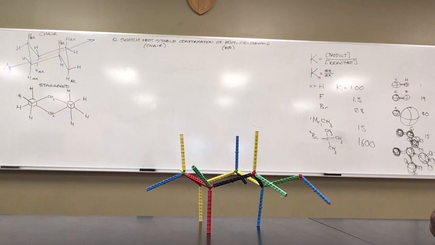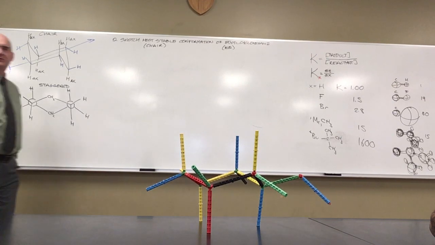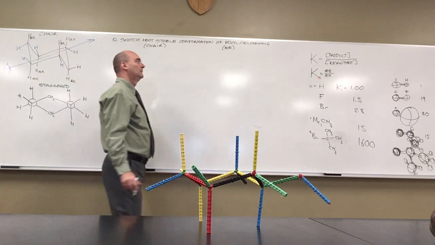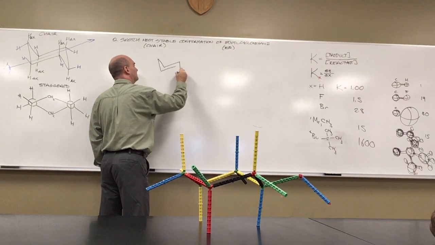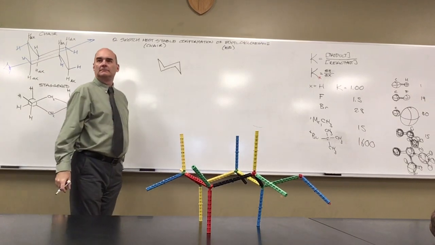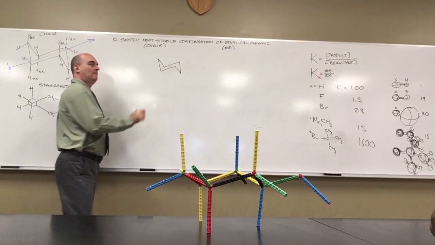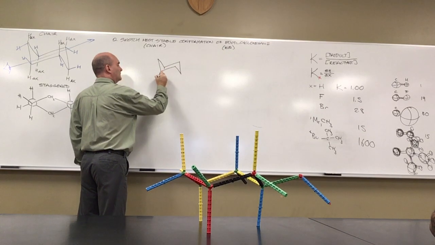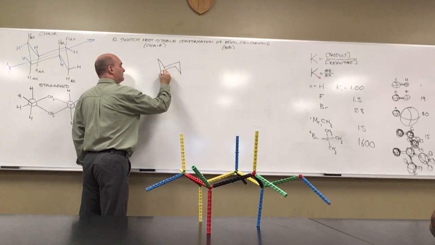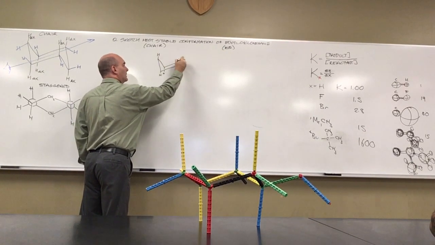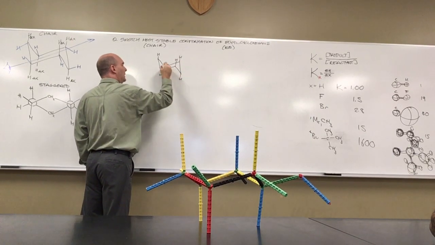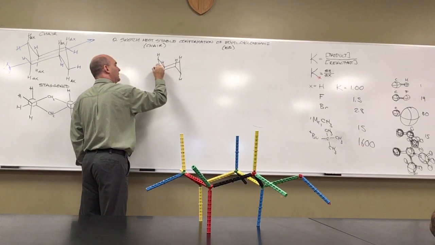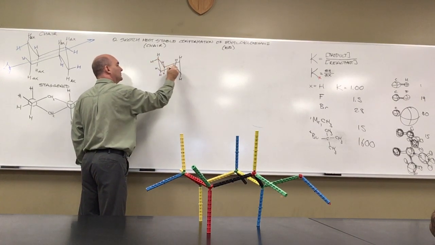And not one of the ones at the back. Put it at one of the ones at the front where it's obvious that you can see it. Here's the chair. Those are my axial positions. And here are my equatorial positions.